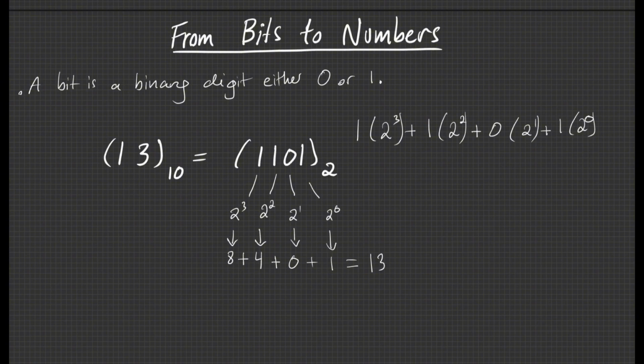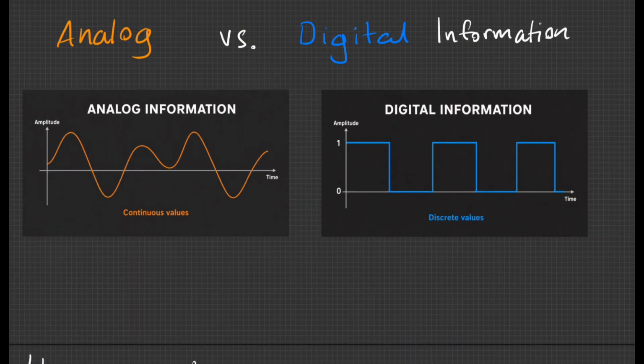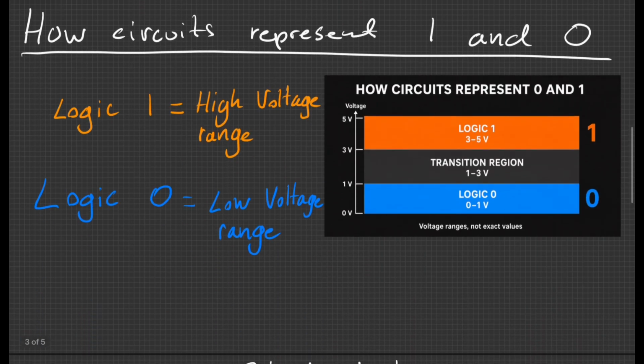computers can represent the number 13 using a string of binary digits because most computers choose to use digital information, which represents numbers in discrete values: logic 1, a high voltage range, or logic 0, a low voltage range.